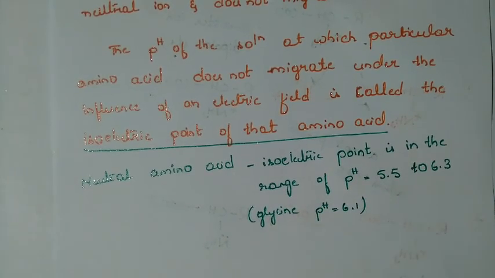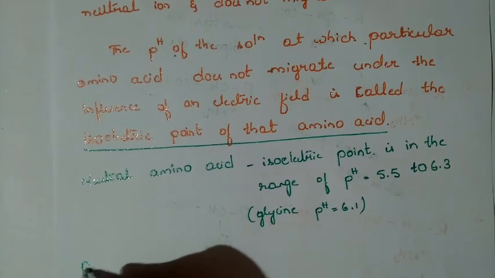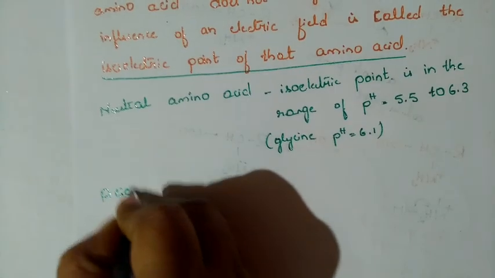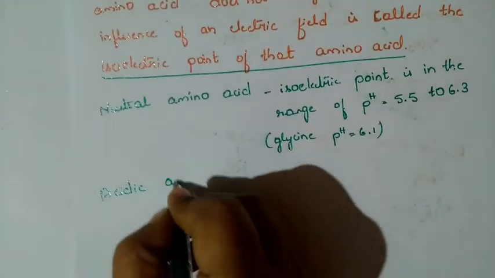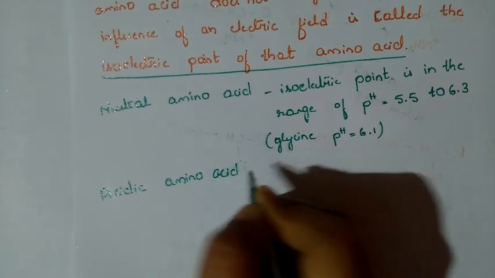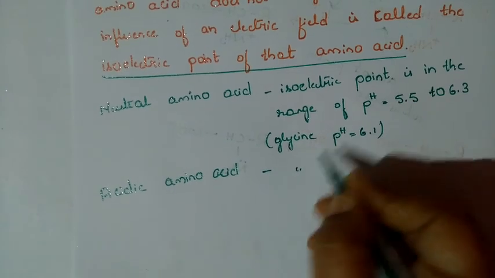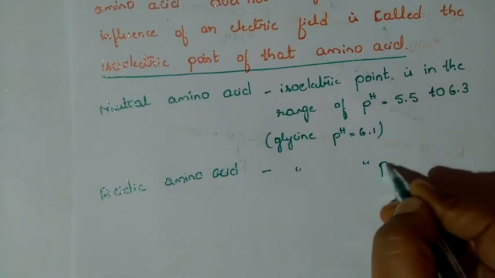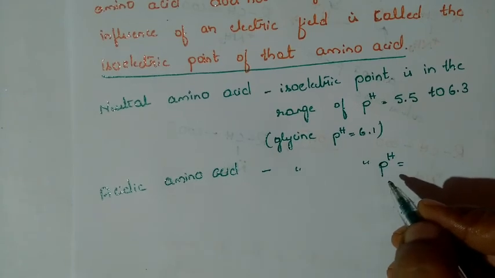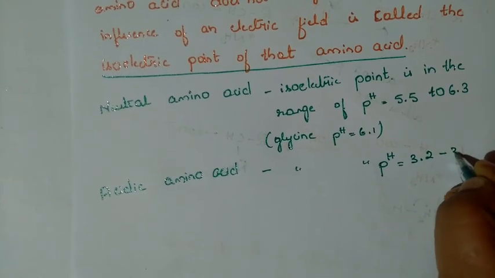Likewise, we have acidic amino acids. For acidic amino acids, the isoelectric point ranges from 3.2 to 3.5.